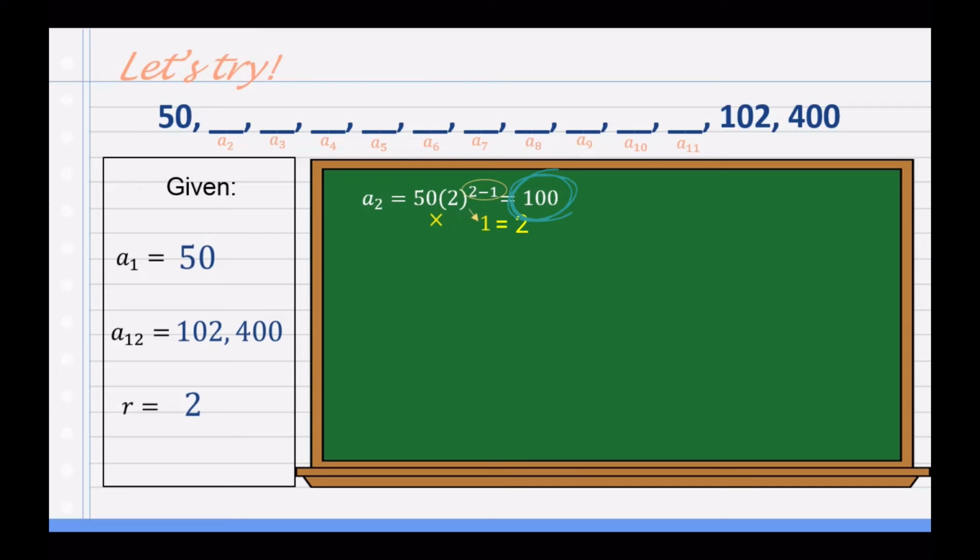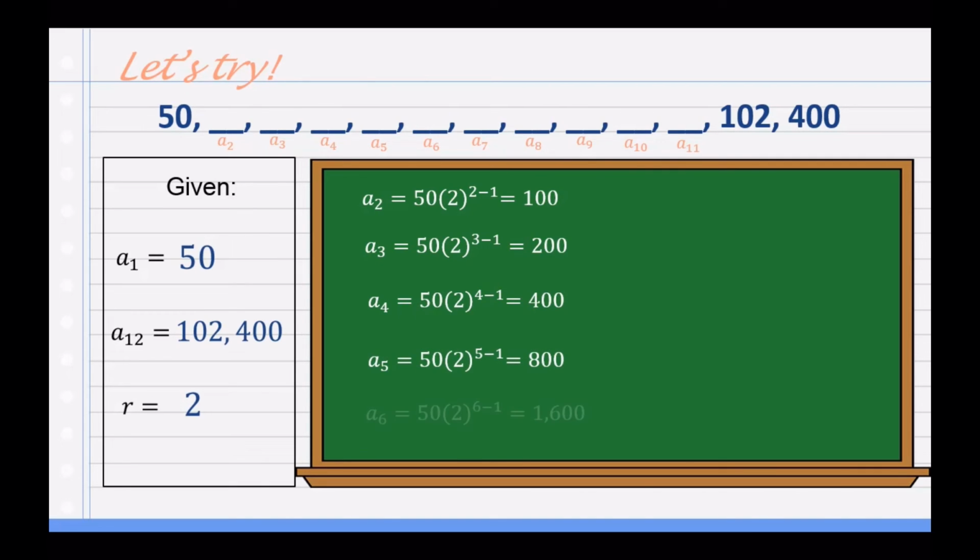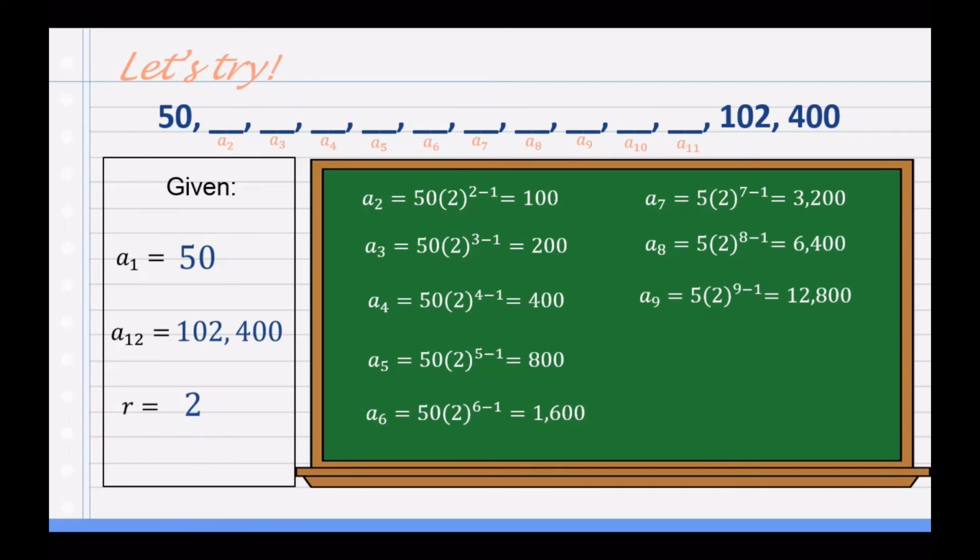So for a sub 3 to a sub 11, we just have to keep repeating the process. We just have to substitute the values to the formula to get the value of each term. So our a sub 3 now would become 200, a sub 4 would be 400, a sub 5 would be 800, a sub 6 would be 1,600, a sub 7 would be 3,200, a sub 8 would be 6,400, a sub 9 would be 12,800, a sub 10 would be 25,600, and lastly, a sub 11 will be 51,200.